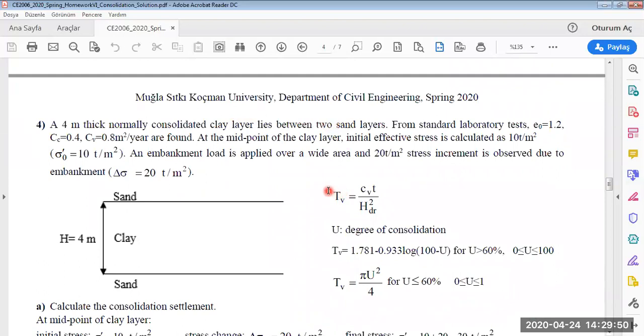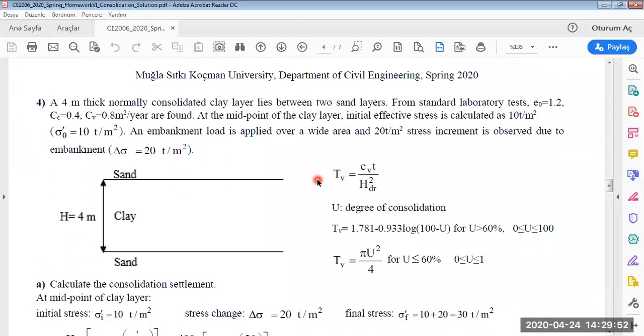Now we will see the application of these parameters, these coefficients. In this question, there's a clay layer for meter thickness, and there are sand layers, upper and lower portions.